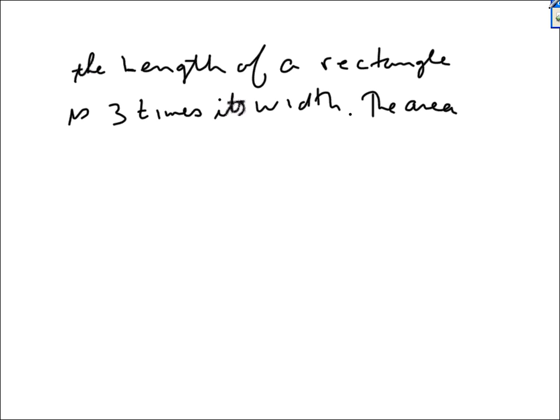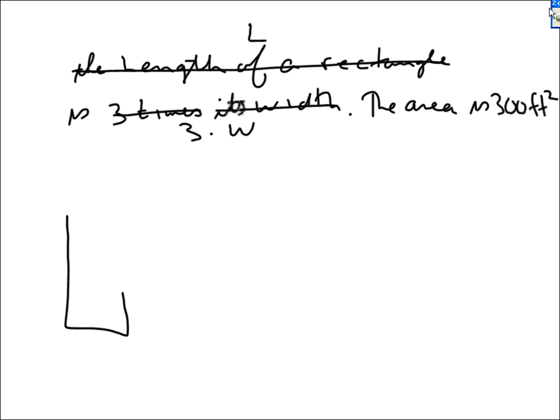Suppose I tell you the area is 300 square feet. The instructions are to find the length. Well, the length of a rectangle is L, and its width is W. So you have L is 3W.